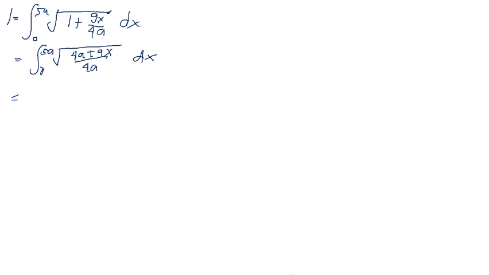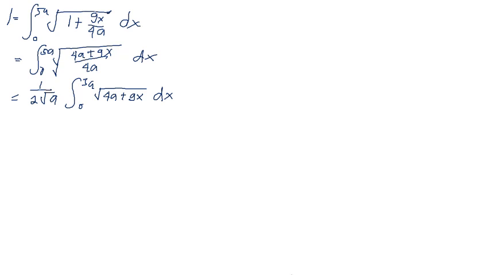So we will have 1 all over 2 square root of a, right? Take note that this one is still part of the radicand, the 4a. So we have 1 all over 2 square root of a, integration from 0 to 5a of square root of 4a plus 9x dx.